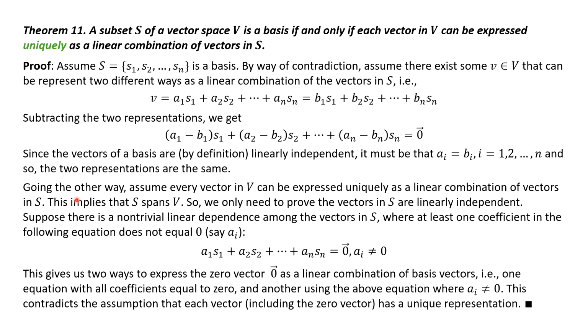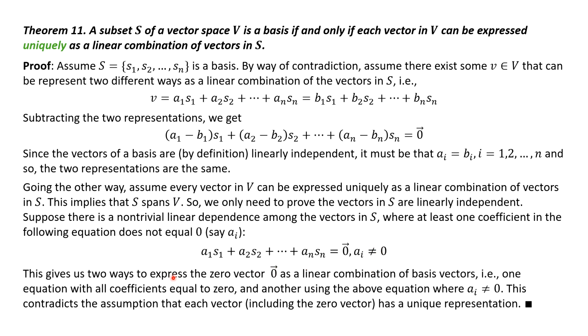Going the other way, assume every vector in V can be represented uniquely as a linear combination of vectors in S. This implies S spans V. So we only need to prove that the vectors in S are linearly independent. Suppose there is a non-trivial linear dependence among the vectors in S, where at least one of the coefficients is not equal to 0. I've written that out here, and there's some a sub i not equal to 0.